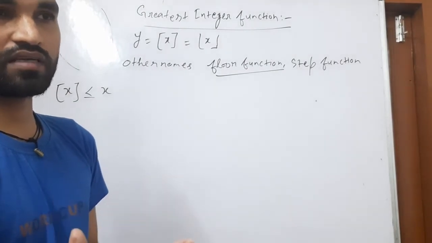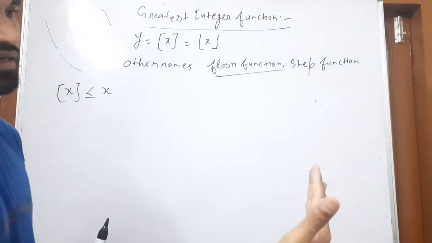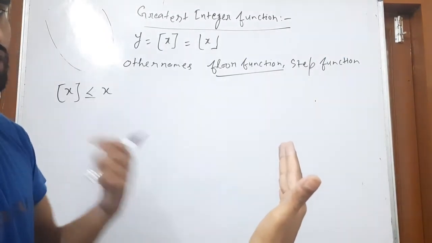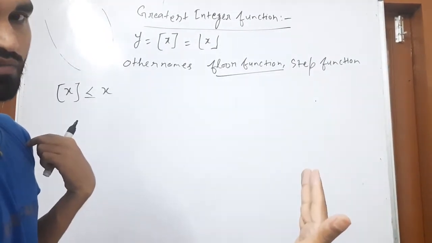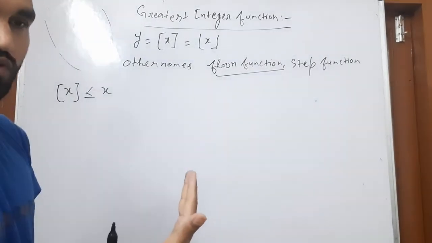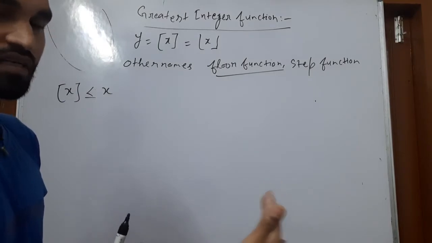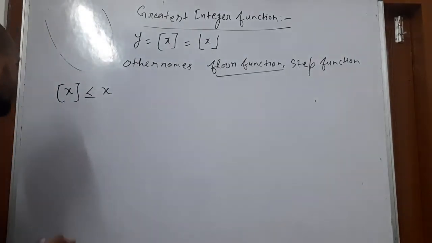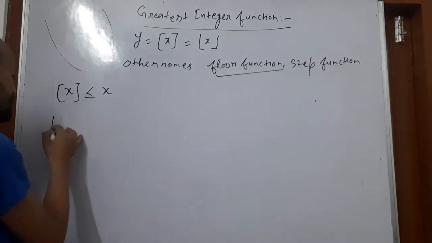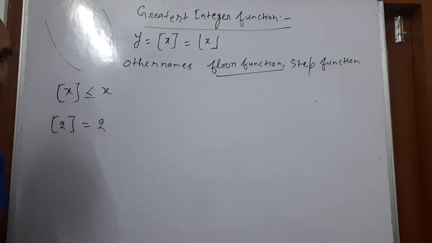If x is a fraction, then look on the number line and decide which integer is on the left side of that value. And if x is an integer, you have no confusion, we write exactly that value. For example, the greatest integer of 2 will be 2.